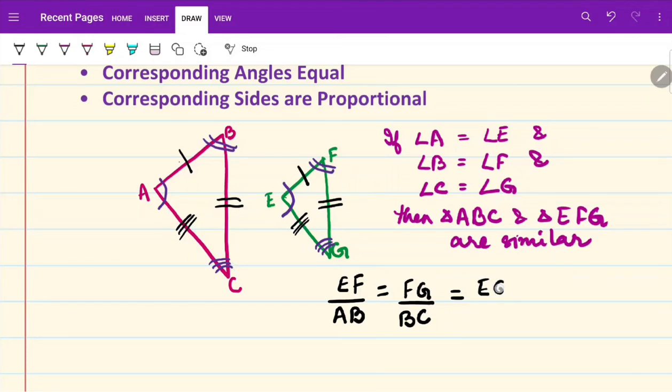So that is the other property. In similar triangles, not only are the corresponding angles equal, but the ratios of the corresponding sides are all equal as well, which is the same thing really as saying the corresponding sides are proportional.